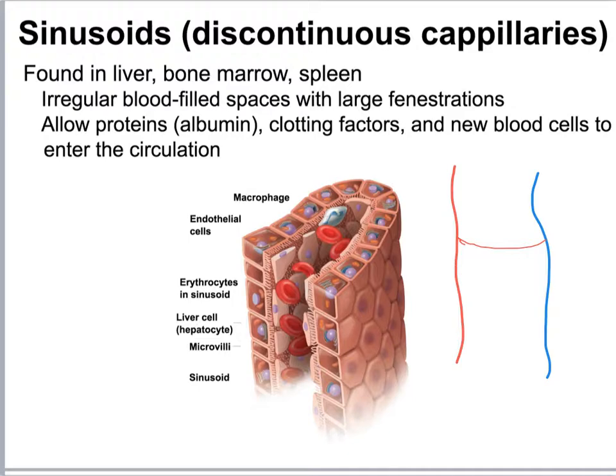Sinusoids are more like driveways or cul-de-sacs or something like that. With a sinusoid capillary, what you have is a whole bunch of dead end capillaries that don't come from an arteriole or a venule or anything like that, and they all join together to form an arteriole.